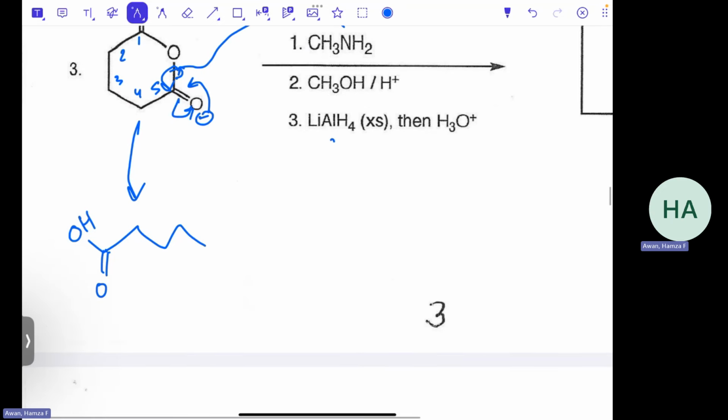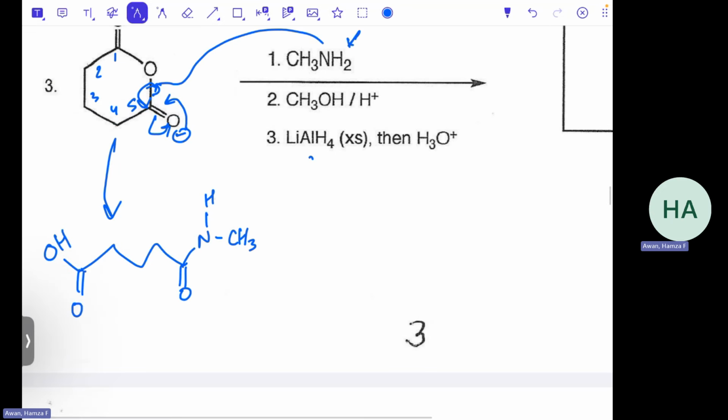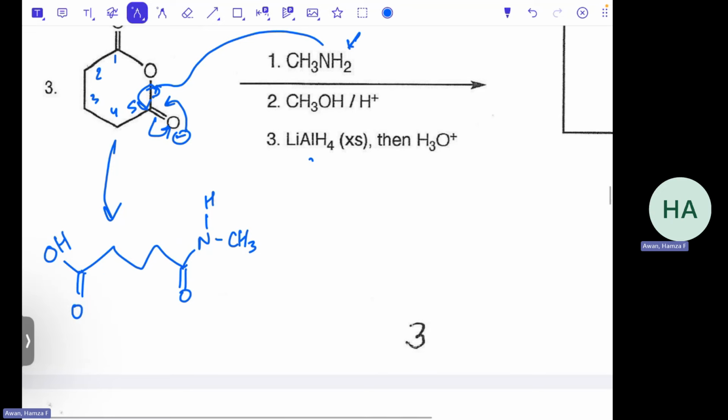For carbon 5, we'd have another double bond O, but this time it would be an amide, so we would have an NHCH3. Because it's a singly substituted amine, this would attack and become a singly substituted amide. And so going on, our second step is Fischer esterification.